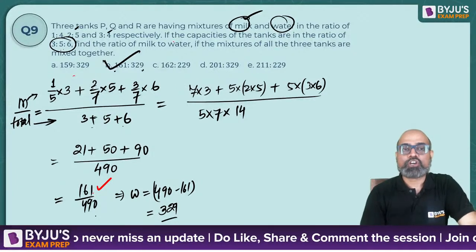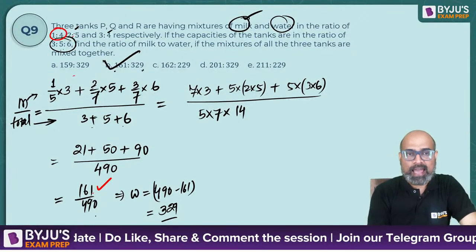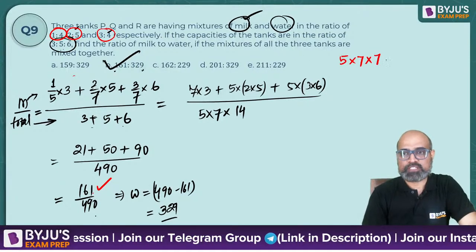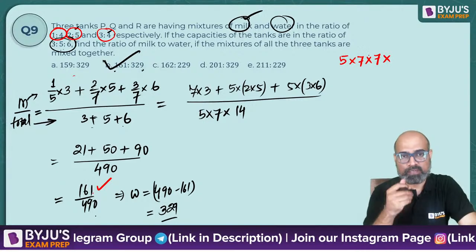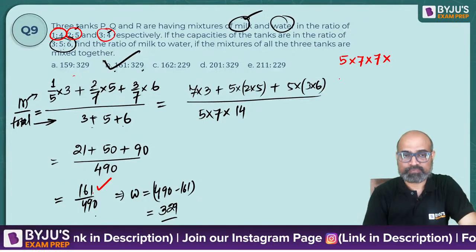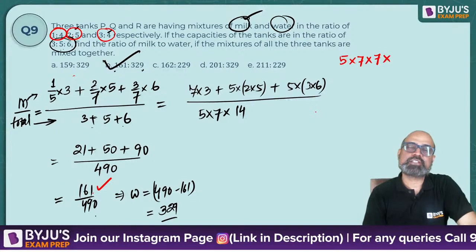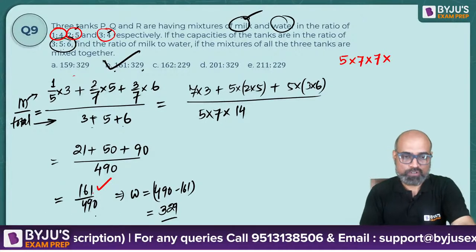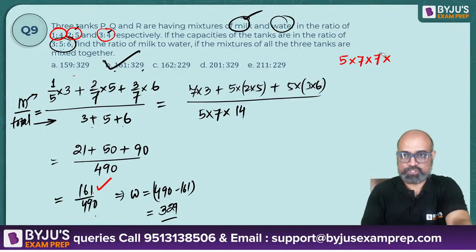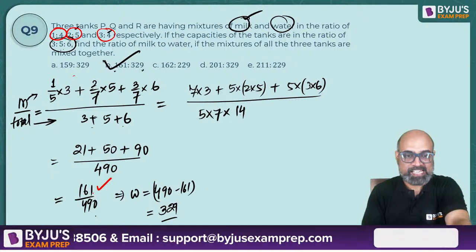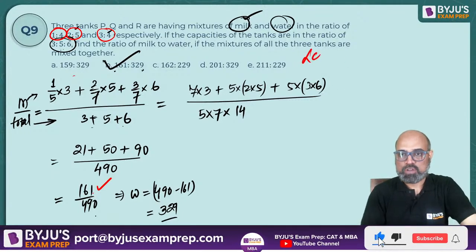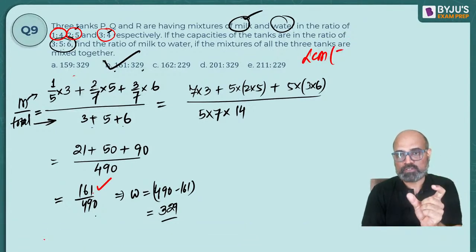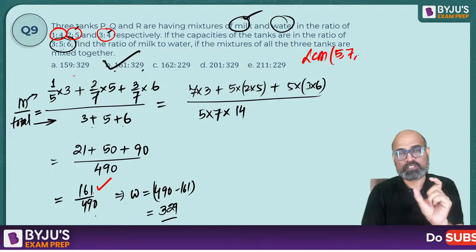Shortcut. The shortcut is to add these numbers. 5 into 7 into 7. Add करना चाहिए नहीं, LCM लेना चाहिए. So what you should do in such questions is take the LCM of the sum of those proportions. 1 and 4 को add करो, 2 and 5 को add करो, 3 and 4 add करो.